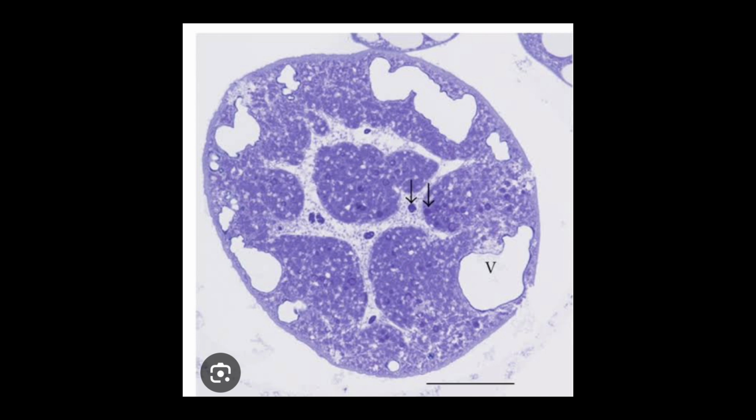And the chief functions of vacuoles: first is storage of water and other substances, food, pigments, and waste products. Second, they give turgidity to the plant cells by pressing against the cell wall.